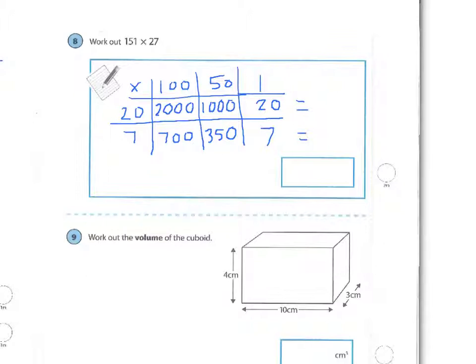So my top row would have been 3020, and my bottom would have been 1057. And if I add those together, it gives me the grand total, which would be 770 and a 4, so 4077.